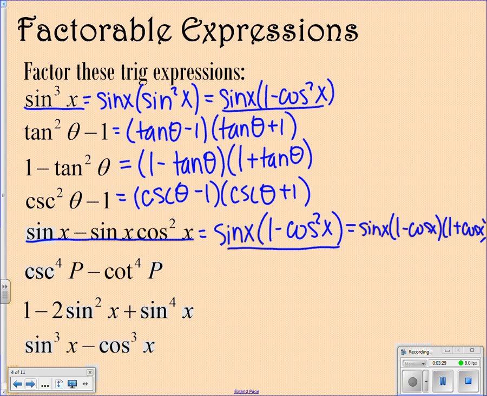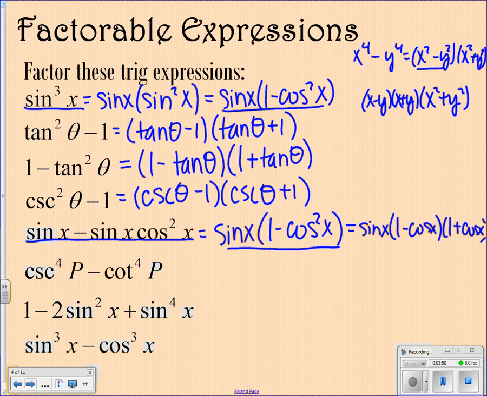For the next one, it's to the fourth. Well, x to the fourth minus y to the fourth would be x squared minus y squared, and then x squared plus y squared. But then this x squared minus y squared would factor as x minus y times x plus y, and then x squared plus y squared. And so that's basically what we're going to do to this one.